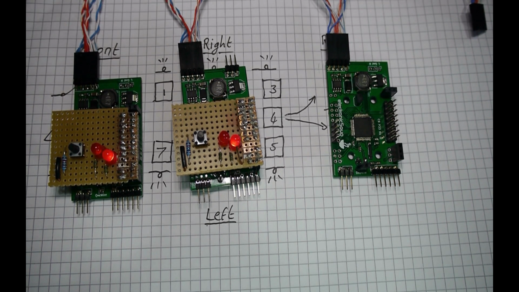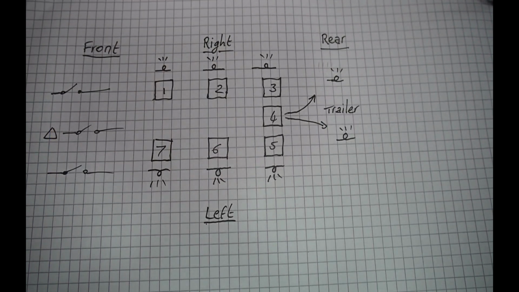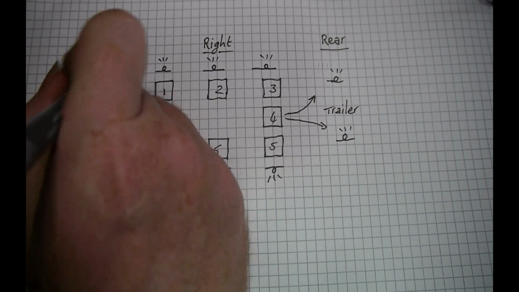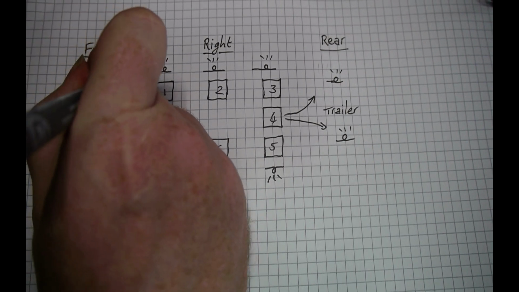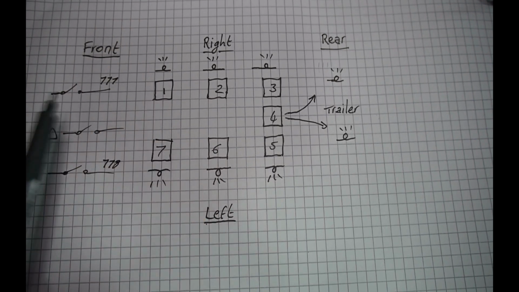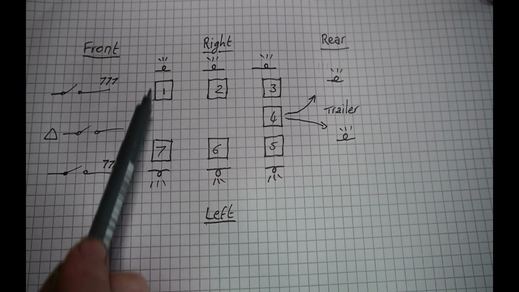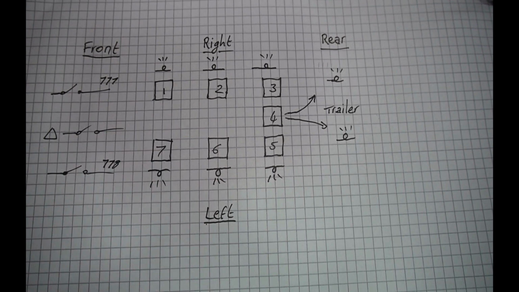The problem with that is, for example, if we said that the right was 777 and the left was 778, this node has to know its function in life.